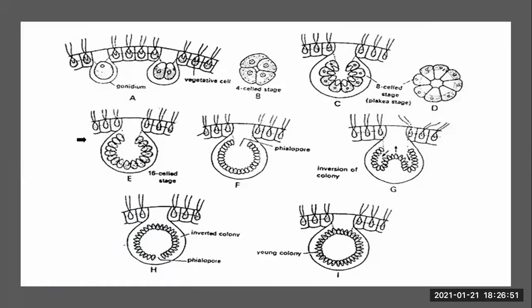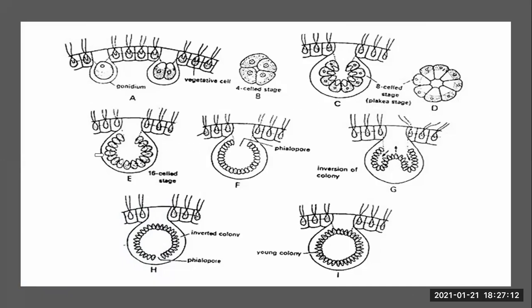In this diagram, we see the gonidia, vegetative cells, the 4-celled stage, which converts into the 8-celled stage, and the 8-celled stage is called the plakea stage.